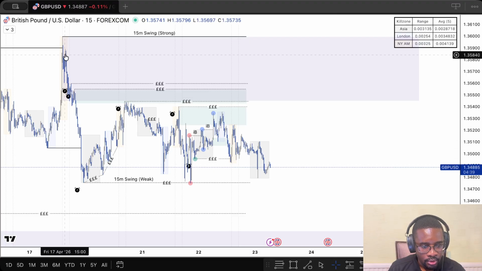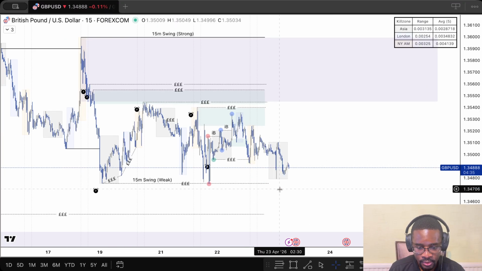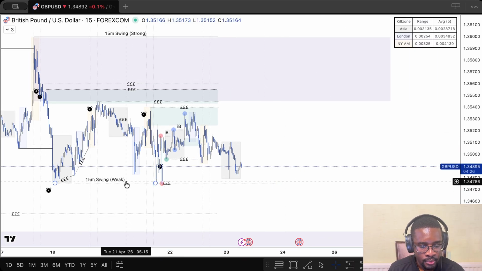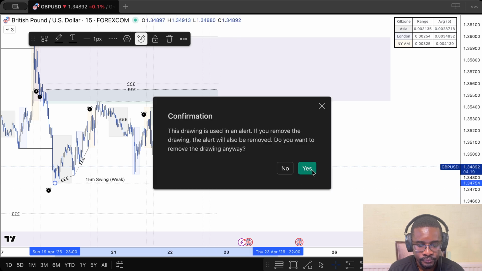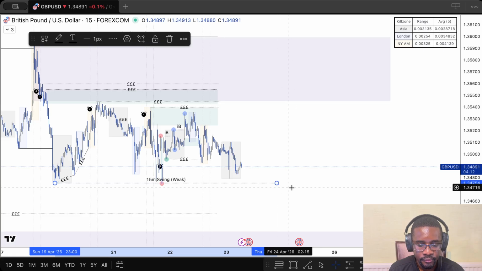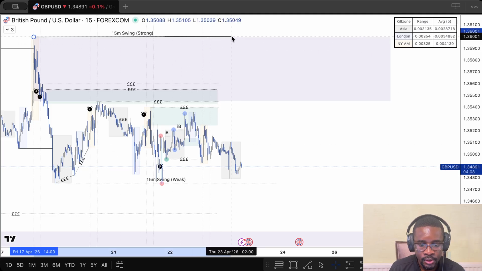So we broke structure, and since then we have respected that structure. Okay, we have respected that structure. So our swing low is still being respected, so this is still our swing range.